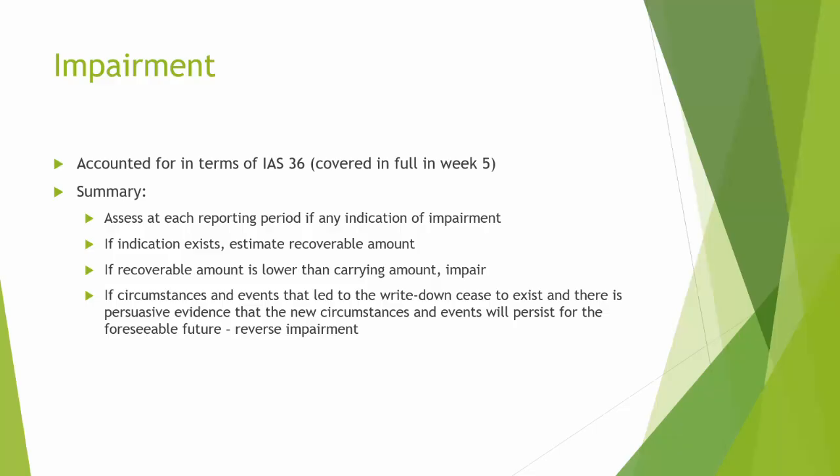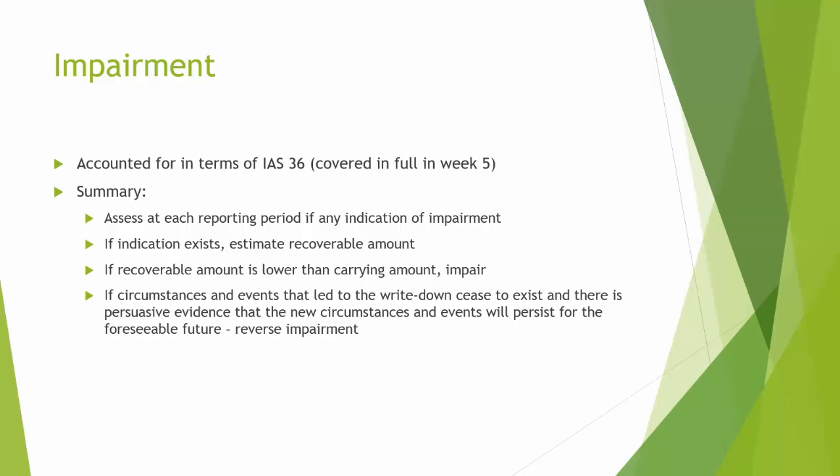Once we have impaired, if there are circumstances and or events that provide evidence that this impairment no longer exists and will not continue to exist, then the reversal of impairment may take place.